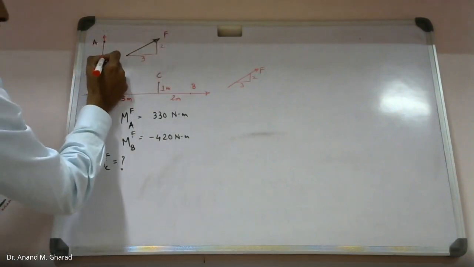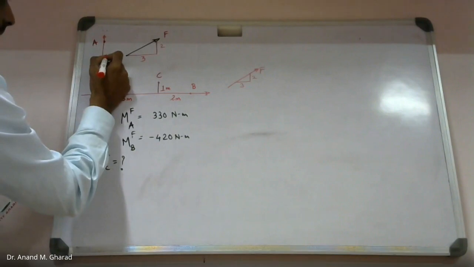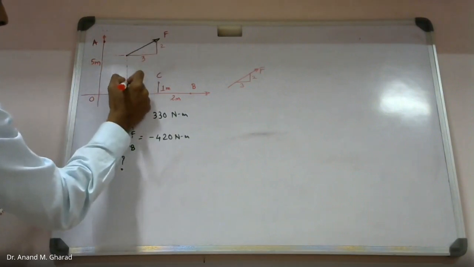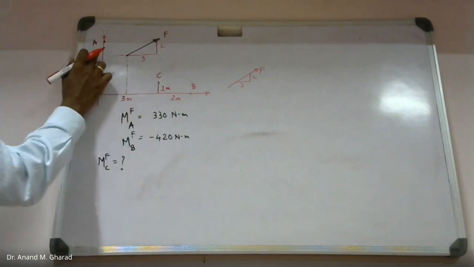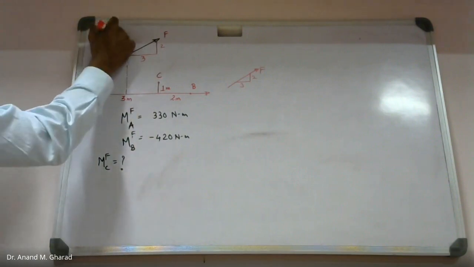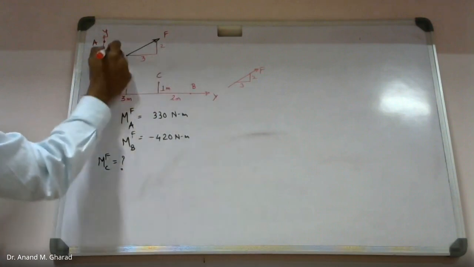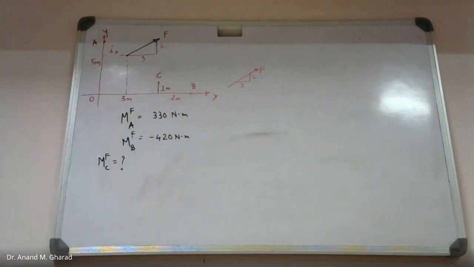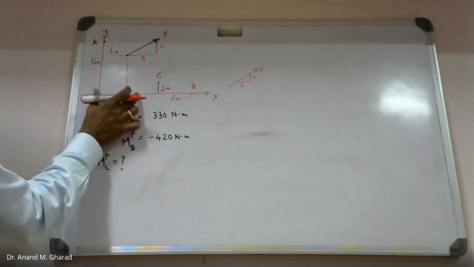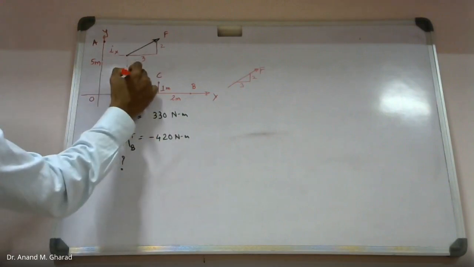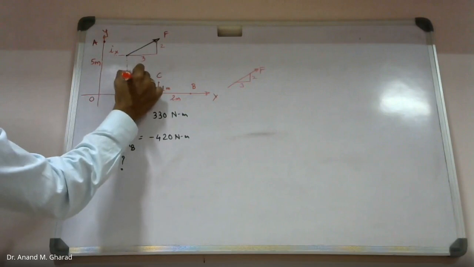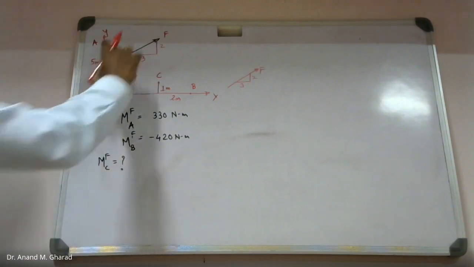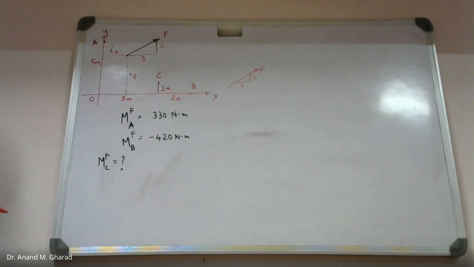Let me say that the distance from the y-axis to be ix, and the distance from the x-axis to be, let's say, iy. Okay, so these are a few initial assumptions.